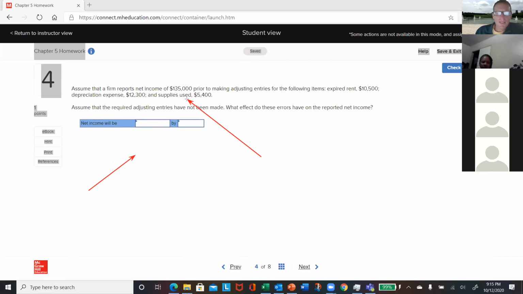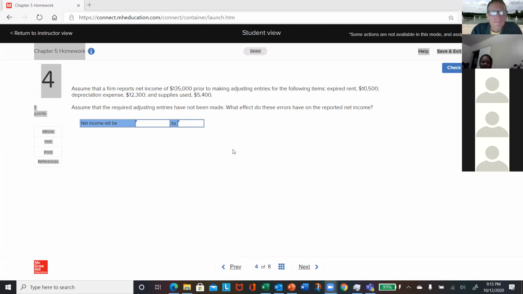So what they're saying here is they've reported a profit of $135,000, but they have not recorded any adjusting entries. The question says, assume that the required adjusting entries have not been made. And here's the question: what effect do these errors have on the reported net income? So think for a minute. These are 3 different adjustments. How would they impact net income? Does anybody know?